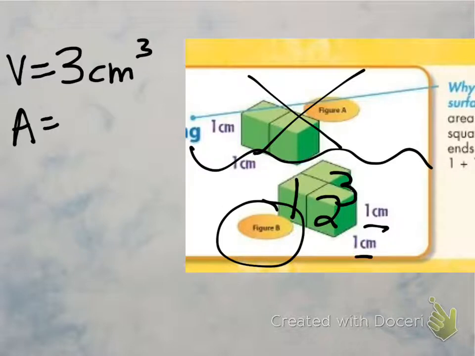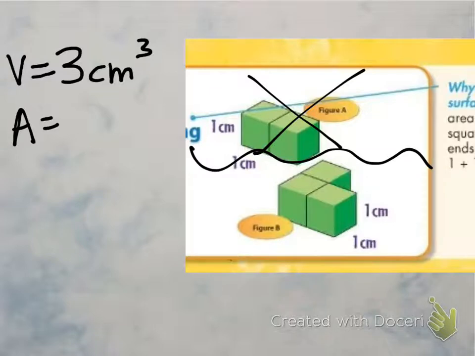Now area, remember, is how many surface faces are being shown. There are some we can clearly see from the picture and some hidden ones that we can't see. We'll start with the red to identify the ones that we can see: 1, 2, 3, 4, 5, 6, 7. Then in black we'll identify the ones we can't see.